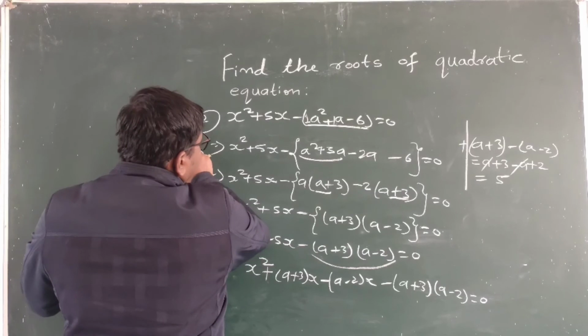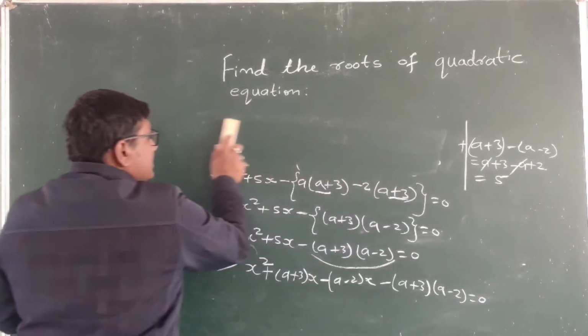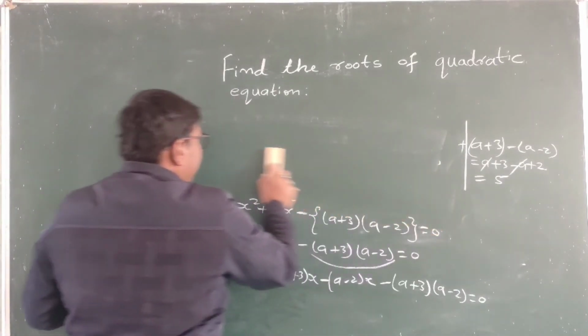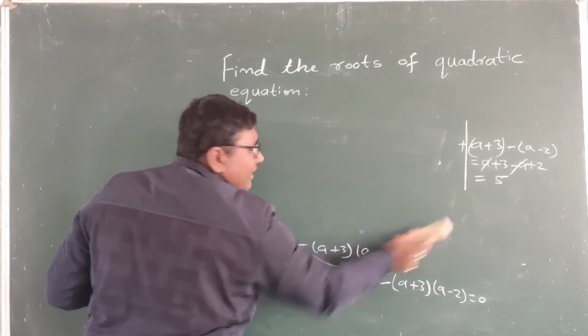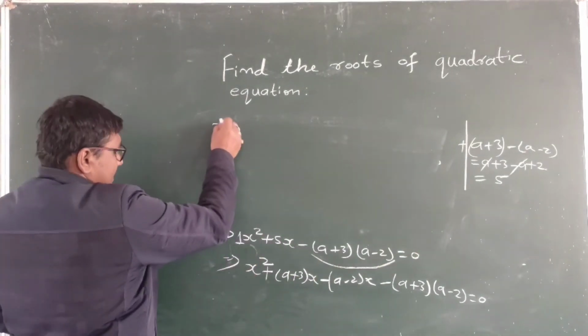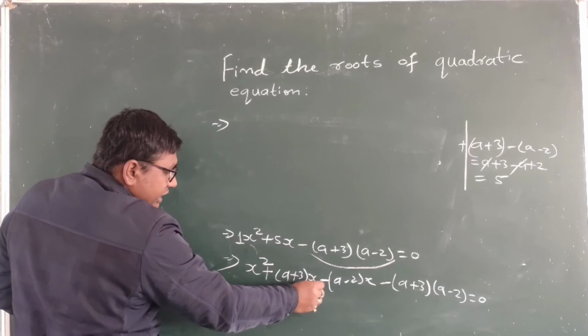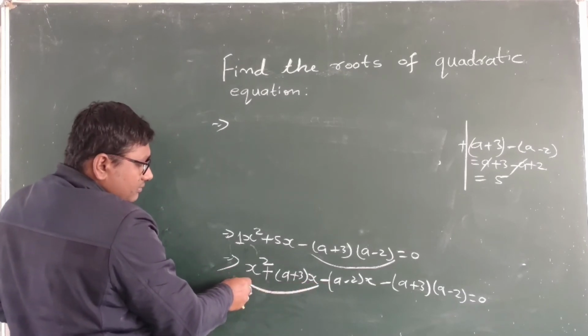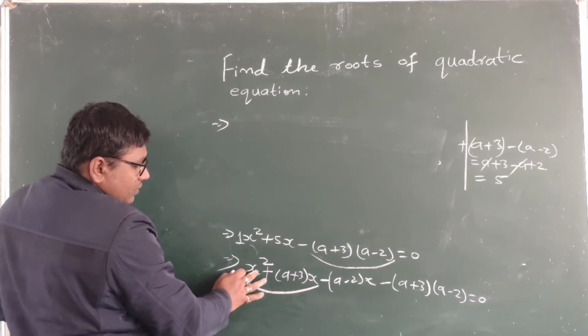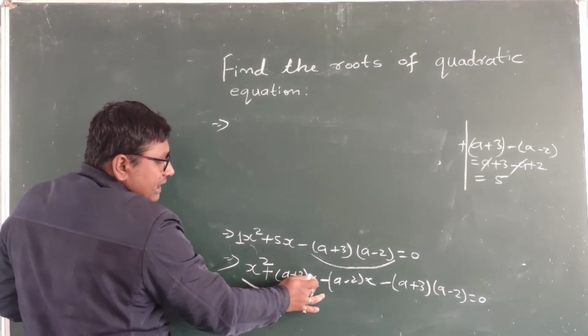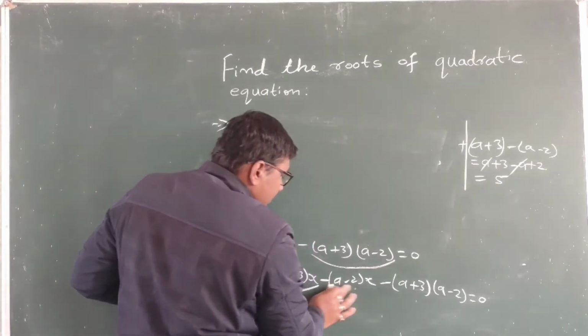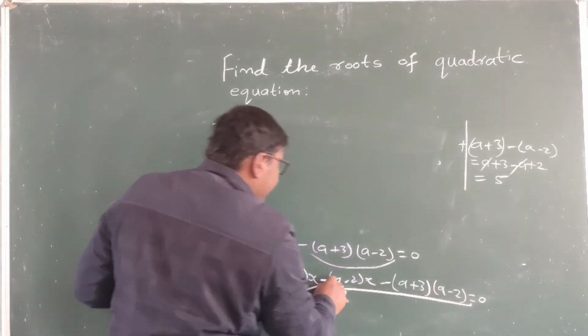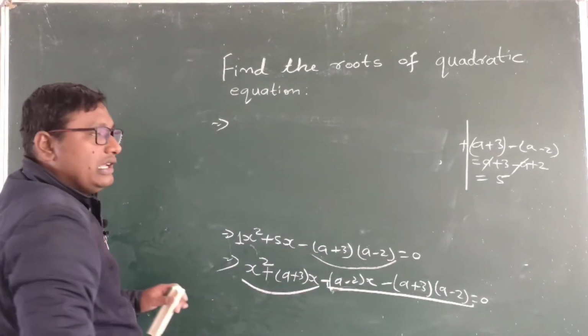Now you see, in these two terms, x square plus (a plus 3)x, we need to see what is common.